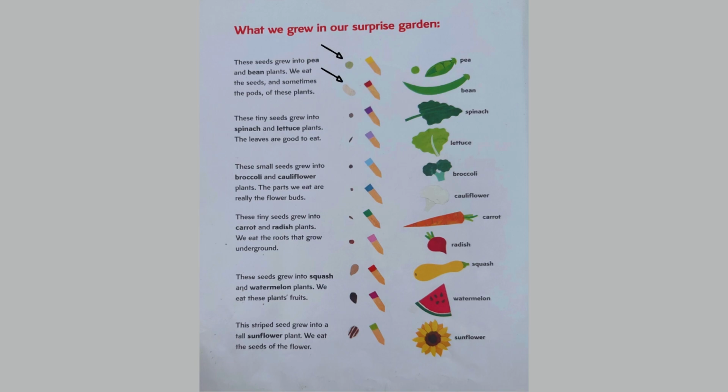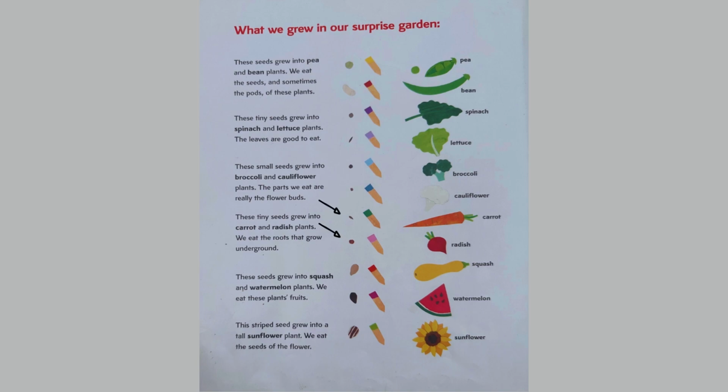What we grew in our surprise garden. These seeds grew into pea and bean plants. We eat the seeds and sometimes the pods of these plants. These tiny seeds grew into spinach and lettuce plants. The leaves are good to eat. These small seeds grew into broccoli and cauliflower plants. The parts we eat are really the flower buds.